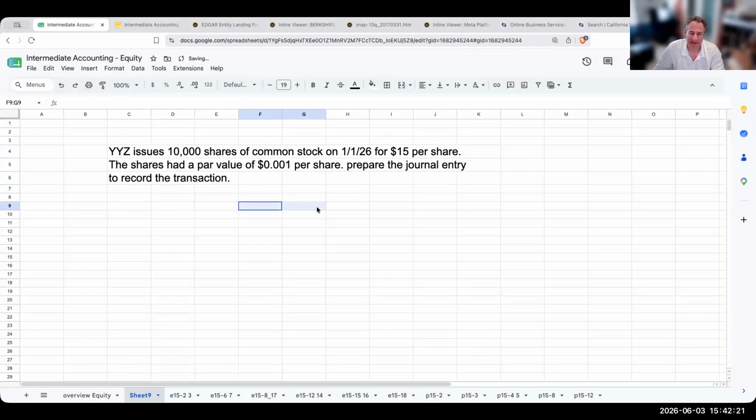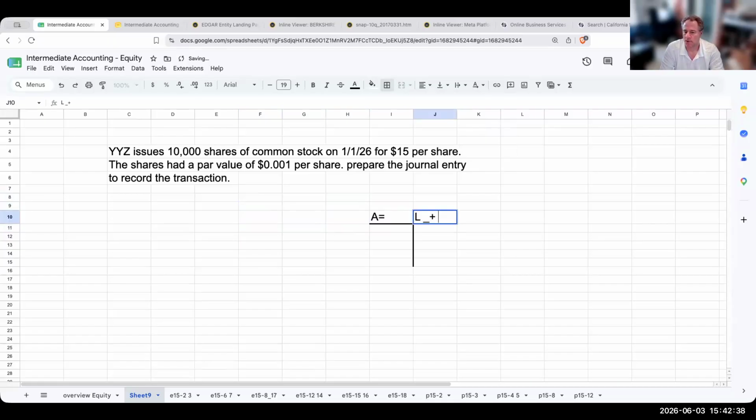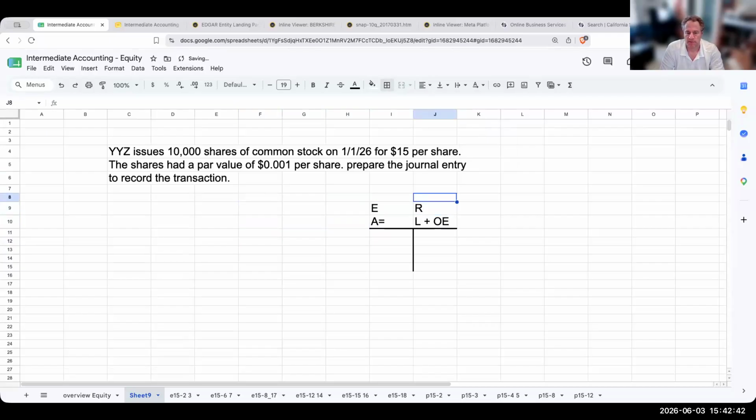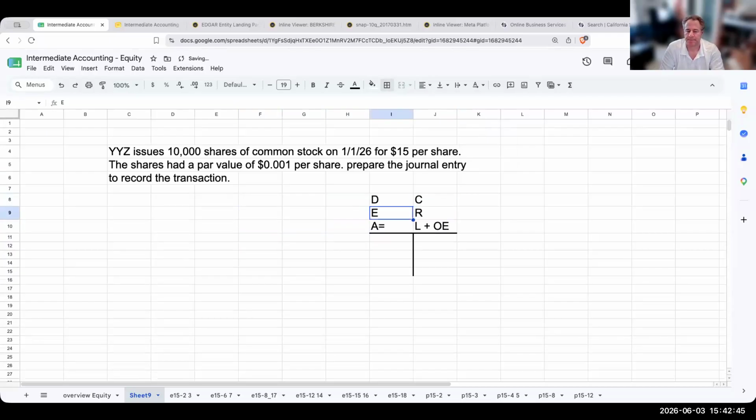And this is financial accounting, not intermediate accounting. But as we look at our friend, assets equal liabilities plus owner's equity, expenses, revenues, debit, credit, what we're going to find is that this particular transaction is one where we are receiving cash.